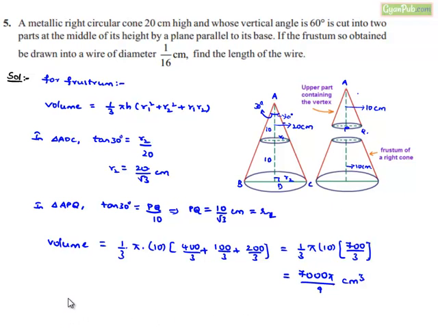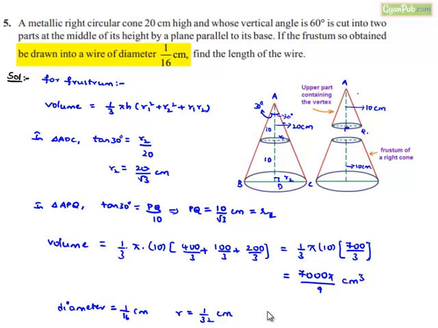Now he says that this frustum is drawn into wire of diameter 1 by 16 centimeter. So the diameter of wire is given as 1 by 16 centimeter. Therefore radius will be equal to half of this, that is 1 by 32 centimeter.